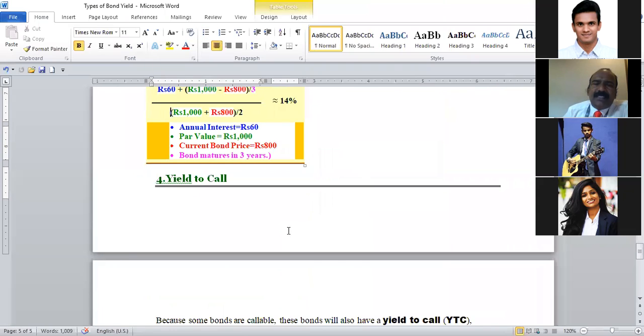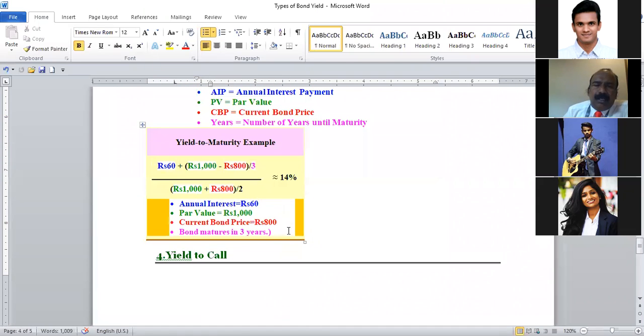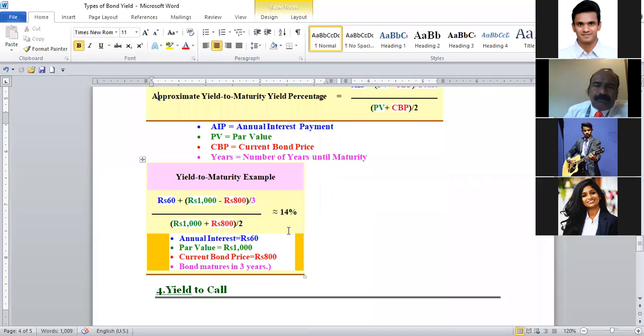So look at the case here. Please write the case. Par value of the bond 1,000. Current market price 800. Years of maturity 3 years.